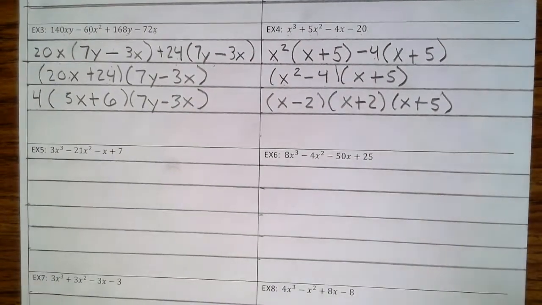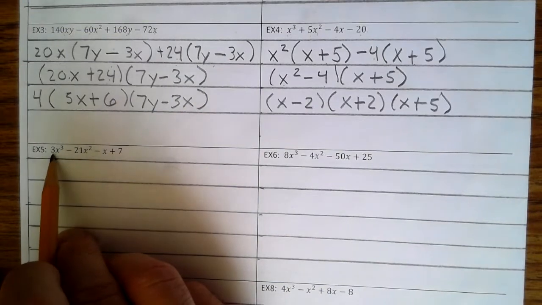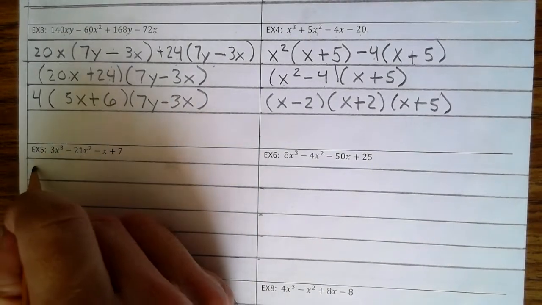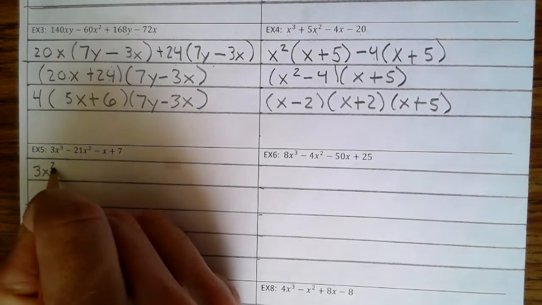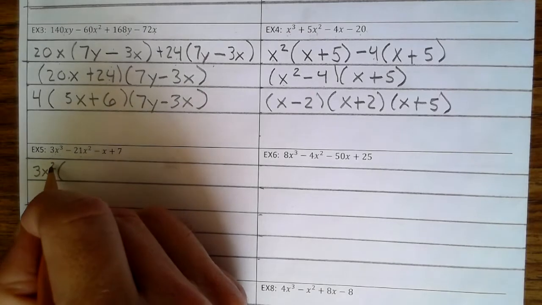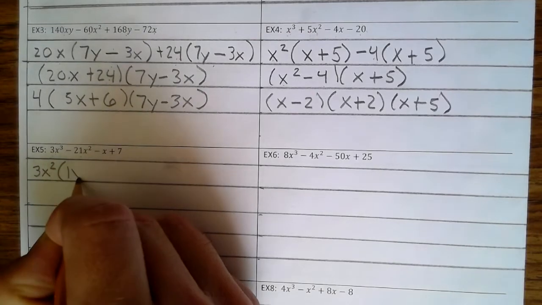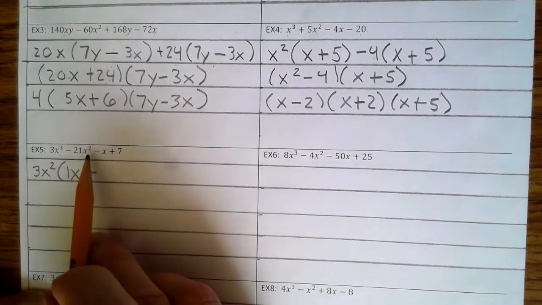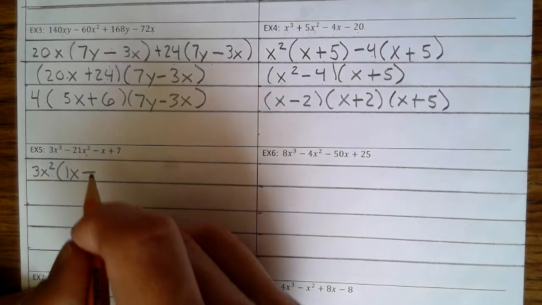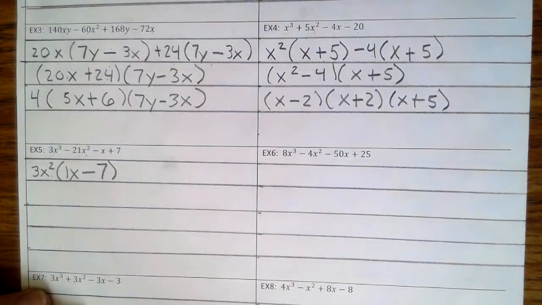All right, example 5. It looks like here we can divide both of these terms by 3, and we can take it out of x squared. So that's 3x squared, which leaves only 1x here, minus 21x squared, negative 21x divided by 3x is minus 7.